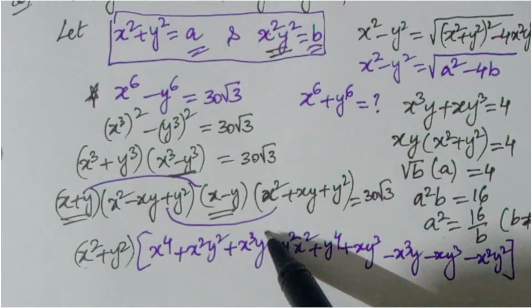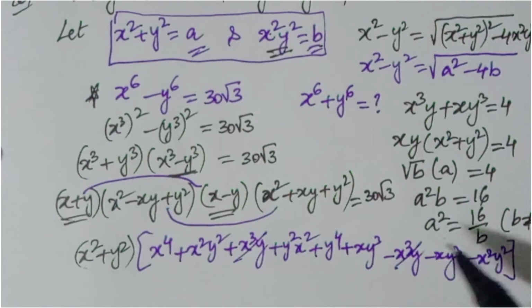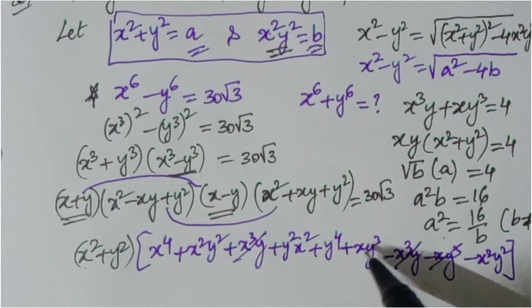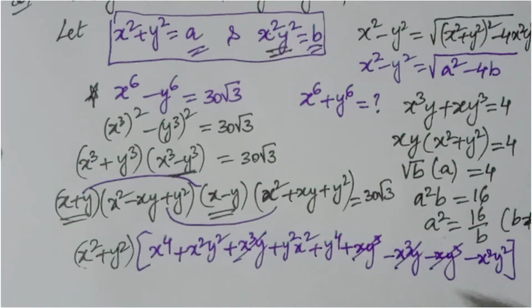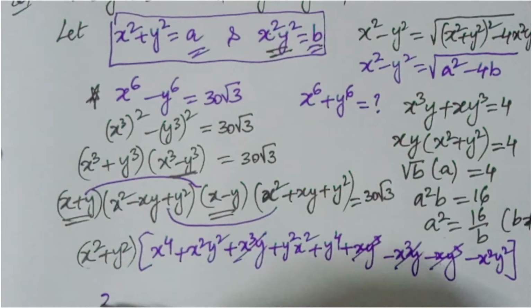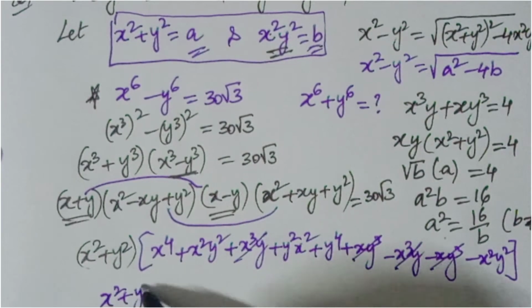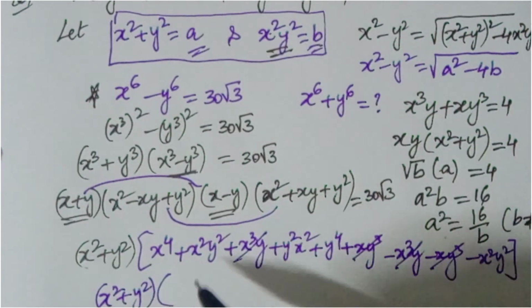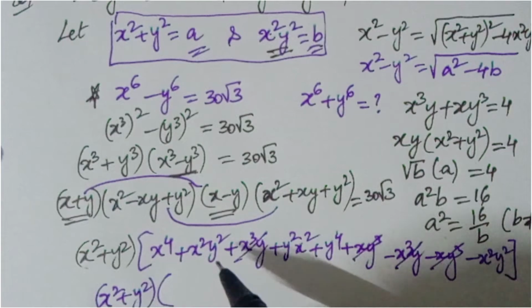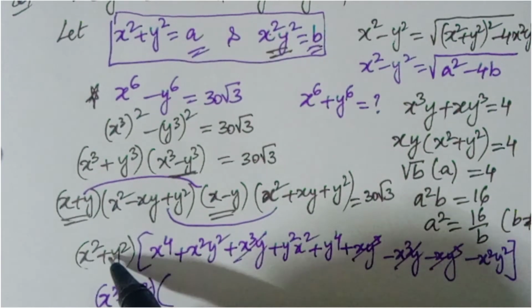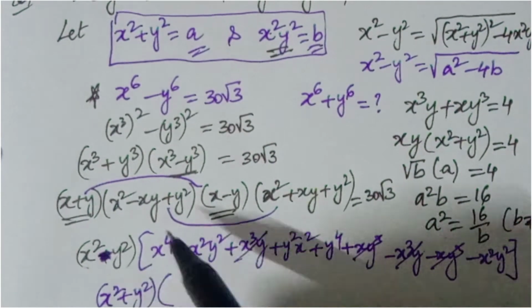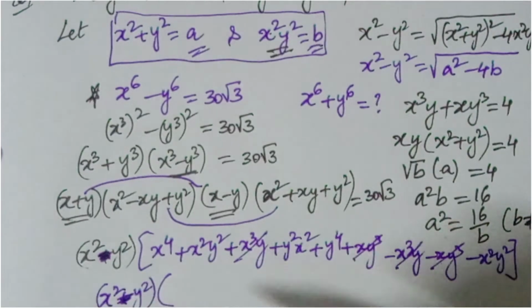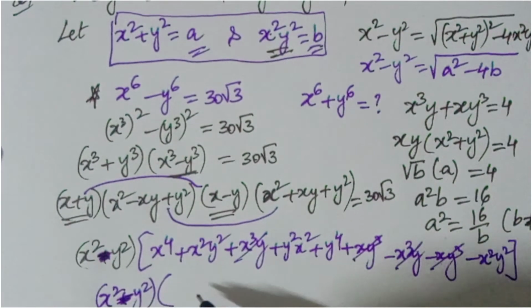Here x cube y minus x cube y gets cancelled, and xy cube minus xy cube gets cancelled. Now what will we get here? (x square plus y square) into (x square plus y square minus x square y square). By mistake I wrote a plus here.